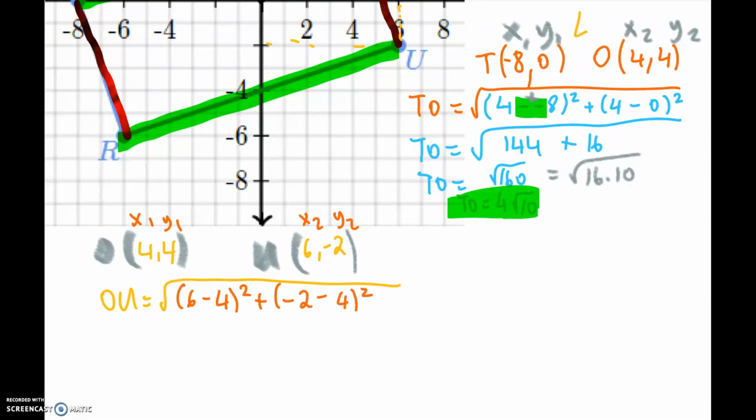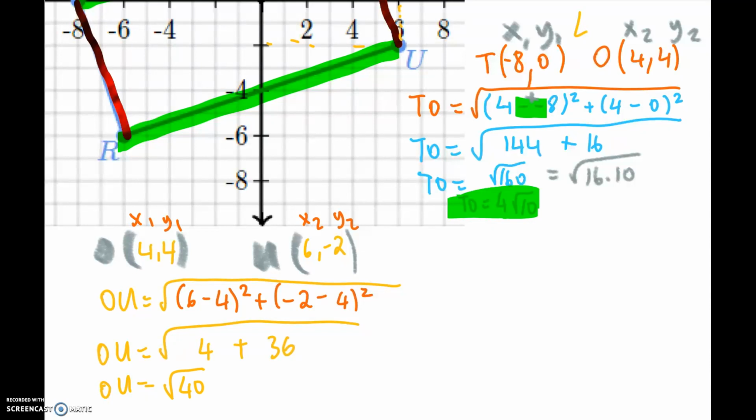So OU is a big square root again. 6 minus 4 is 2. 2 squared is 4. Negative 2 minus 4 is negative 6. Negative 6 squared is 36, right? Negative 6 times negative 6, 36. So OU is 4 plus 36 is 40, radical 40.